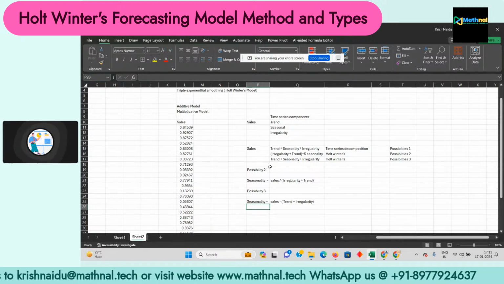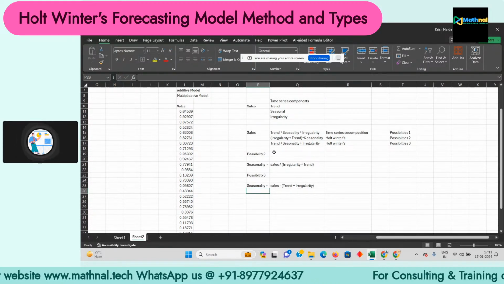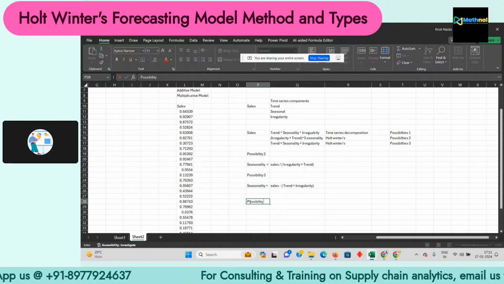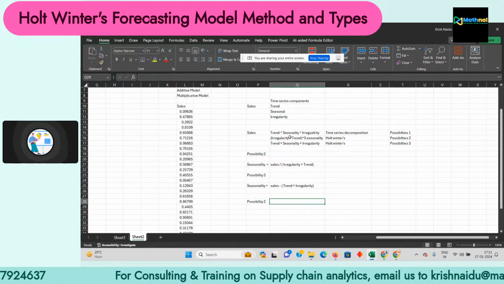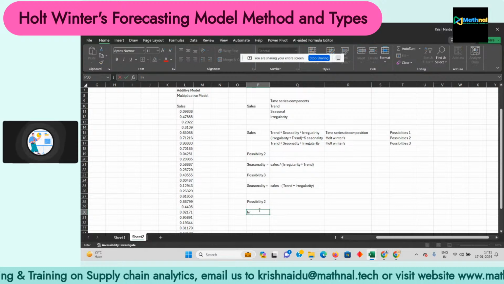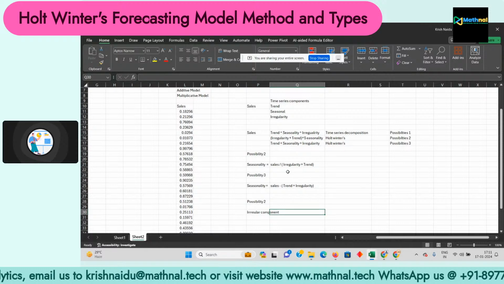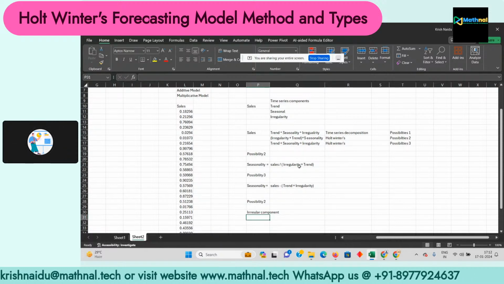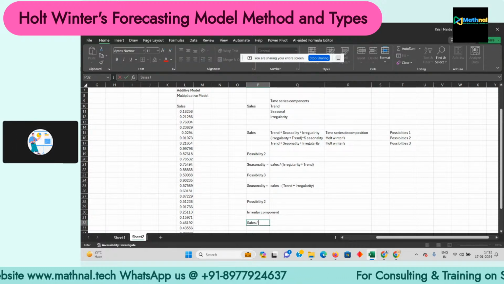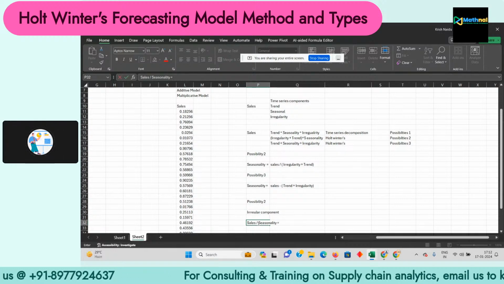For example, if I want to find my irregular component, in possibility number two we can go with sales divided by seasonality minus trend.